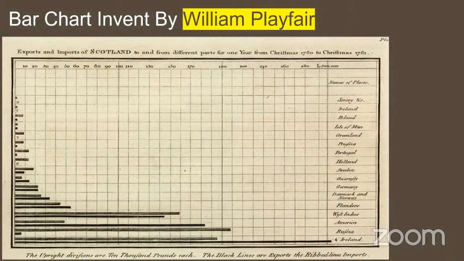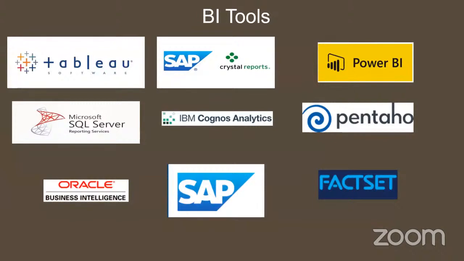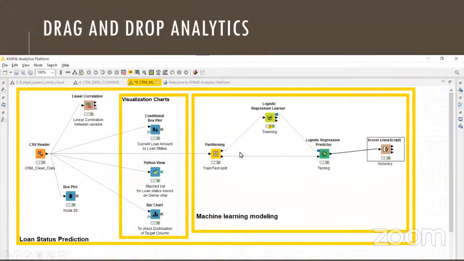Or what if I want to find out whether there is any relationship between the education of a farmer and the crop that he produces? There are so many things that can be done as part of research, which I'm sure you guys would be doing. These are tools like Tableau, the one I was talking about, and Power BI. There are different tools from Oracle and SAP, all available to help with this.